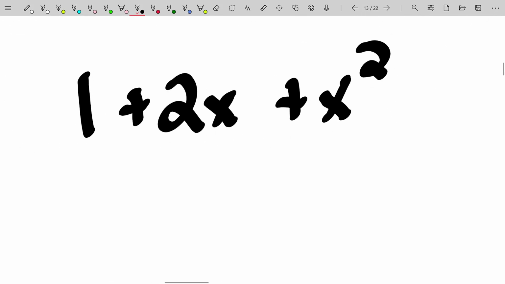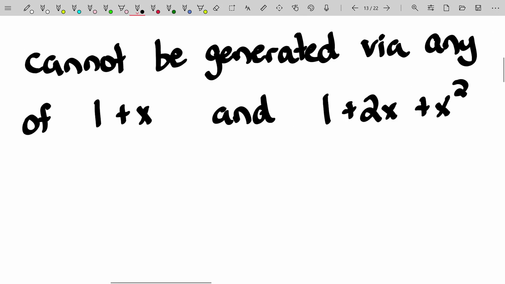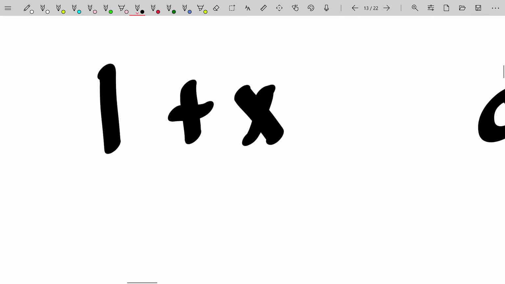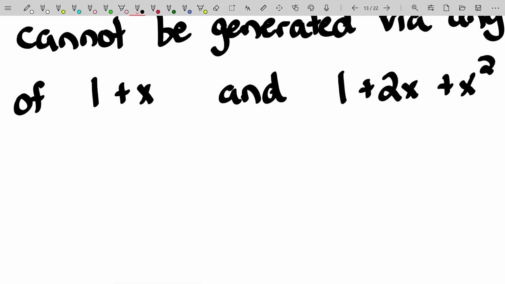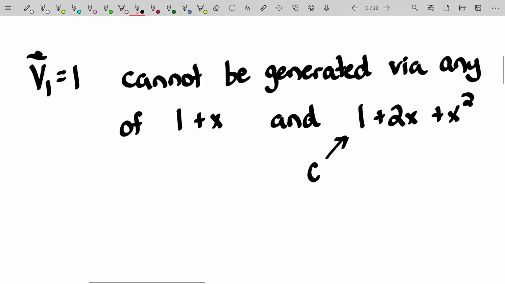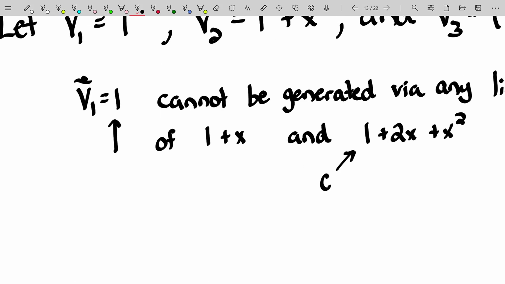Anytime you have any non-zero multiple of this polynomial, you will have an x squared. And there's nothing in this to kill off that x squared. So any linear combination where the coefficient of this guy right here is non-zero will result in an x squared. But we don't have an x squared. So that means the coefficient of this has to be 0.